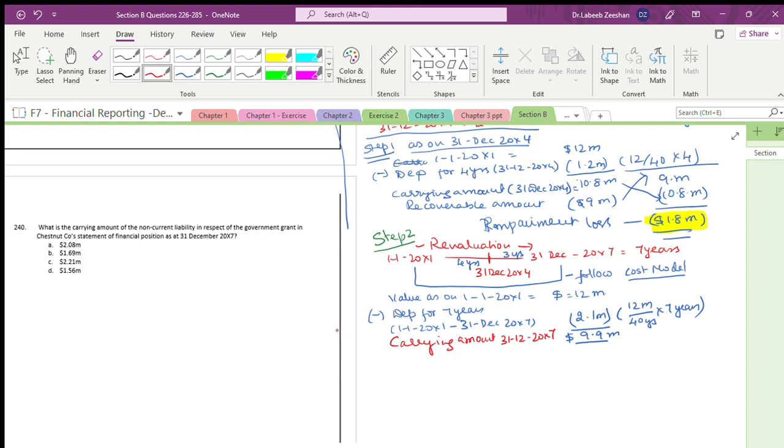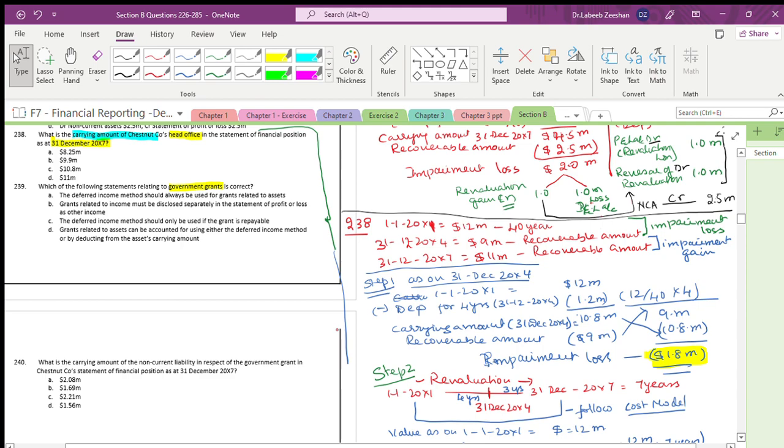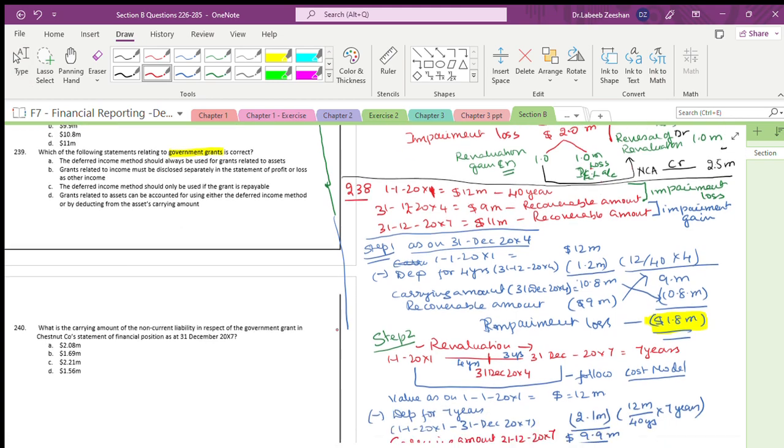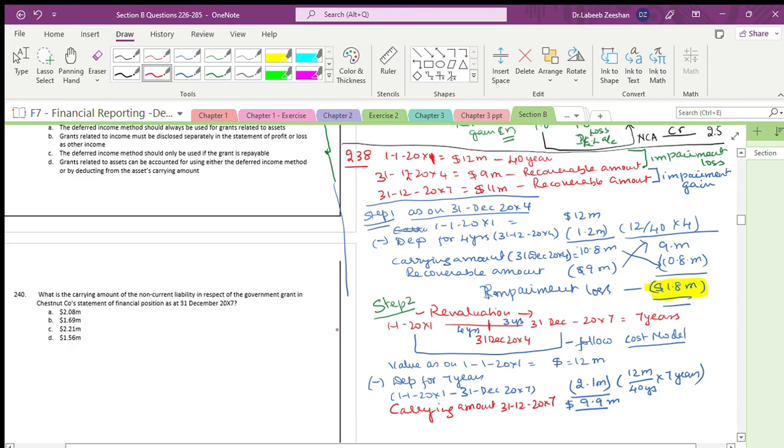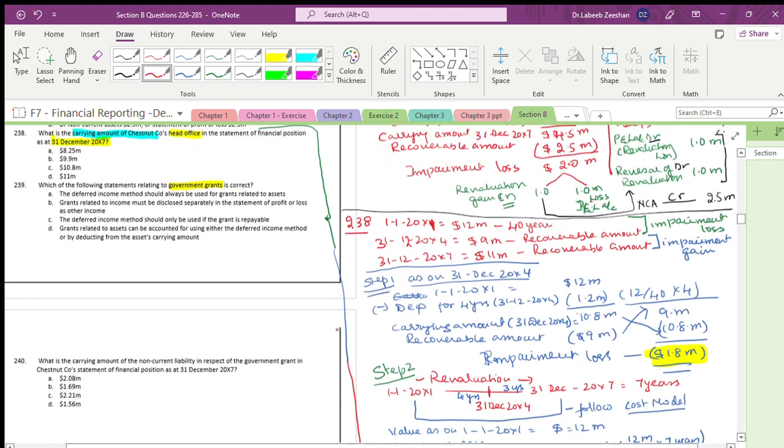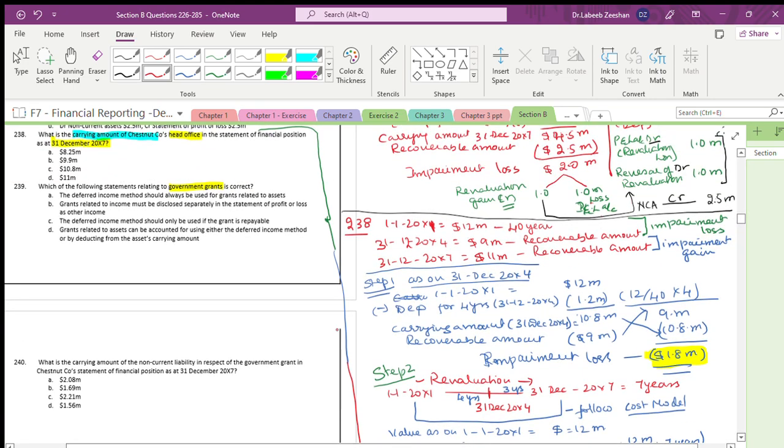Yes, it's clear. I'm waiting for you. Practice it, okay? Once the class is over, relax, take the break, and once it's done, just go through it. Write it down on pen and paper, then only it will be easy for us.